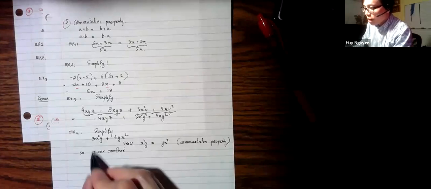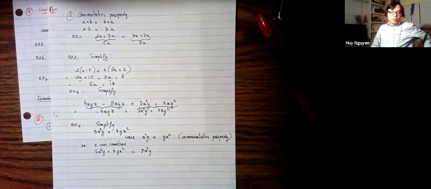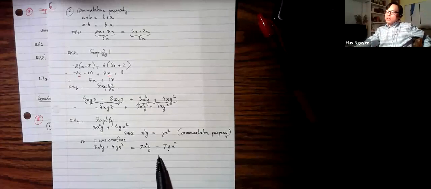So 3x squared y plus 4yx squared is 7x squared y, or 7yx squared. It's the same meaning. You can write down 7x squared y or 7yx squared as the final conclusion.